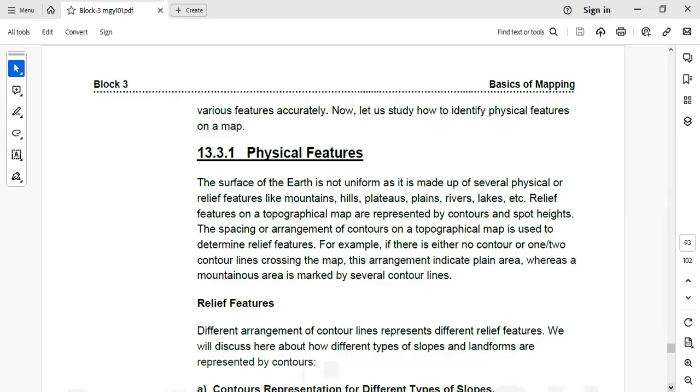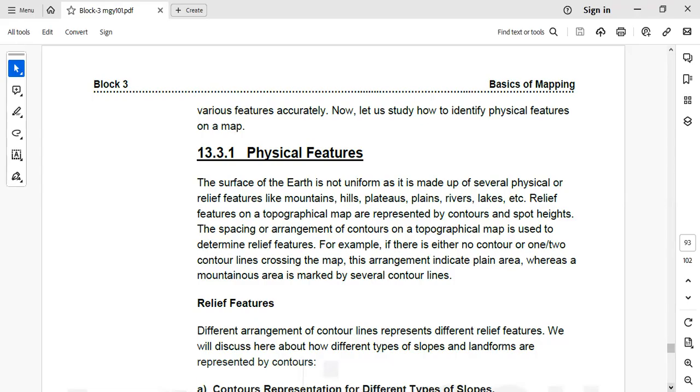We know that the surface of the earth is not uniform, as it is made up of several physical or relief features like mountains, hills, plateaus, plains, rivers, lakes. The relief features on a topographical map are represented by contours. And you know that contours are the imaginary lines connecting the points of equal height above the mean sea level.